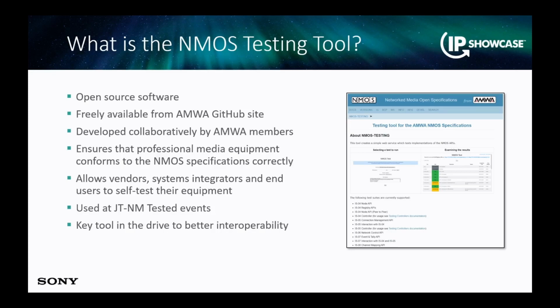We then have things like the JT-NM test event that I just mentioned at the start of the talk, where manufacturers can bring their solutions to this event. They can get a badge saying they've taken part and a catalog entry saying which parts of the different standards and specifications they comply with. And at the JT-NM test events, to do all the NMOS testing, they use the same NMOS testing tool that you can download and try out yourself in advance.